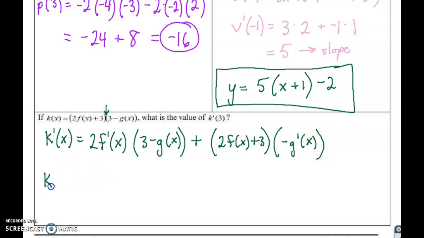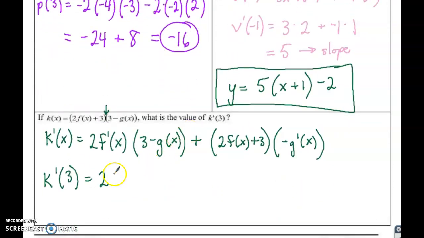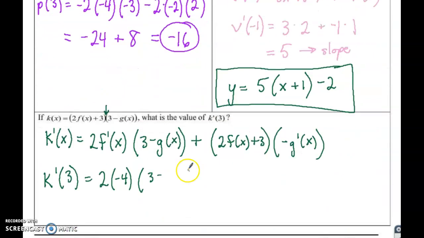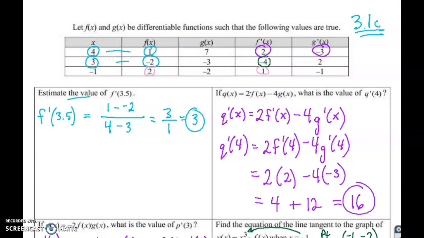So as we find k prime of 3, it's 2 times f prime of 3. I'll go back to your chart. F prime of 3 is negative 4. And then you have 3 minus, what's g of 3? G of 3 is negative 3. Two f of 3 is negative 2.